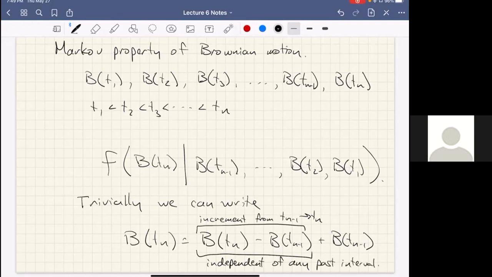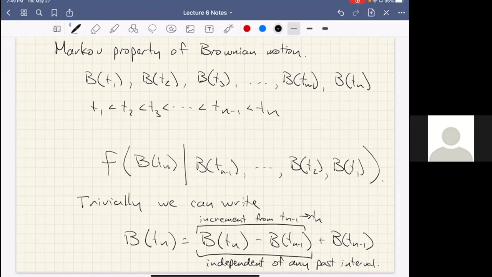So if you look up here, all these time instants are in the past. None of these will overlap with this interval between Tn-1 and Tn. So these will all be independent of everything that happened before. So if I know what B of Tn-1 is, as I do here, none of the other stuff matters.